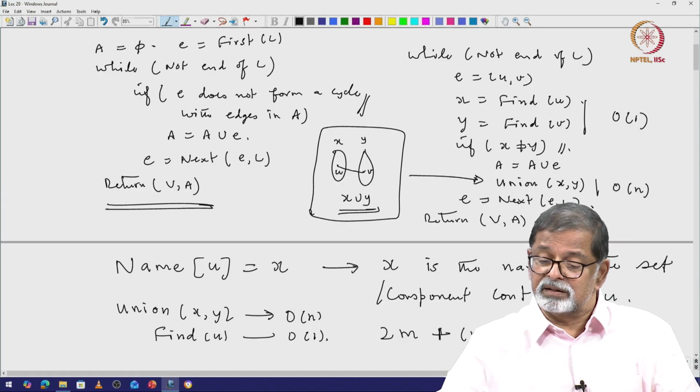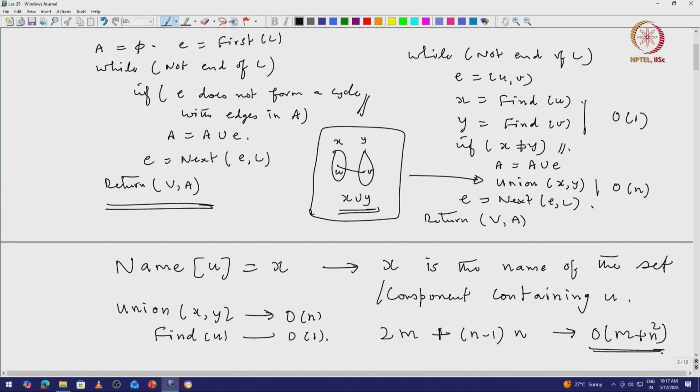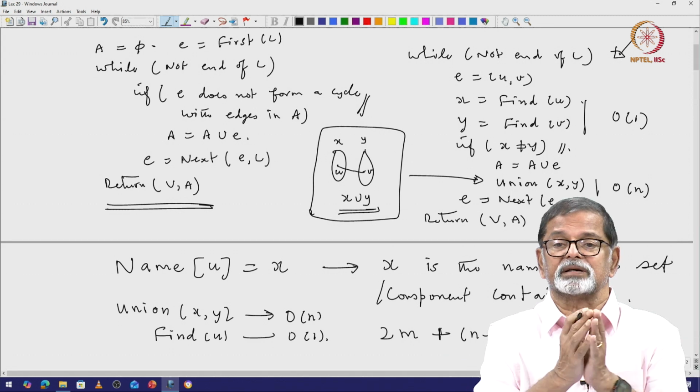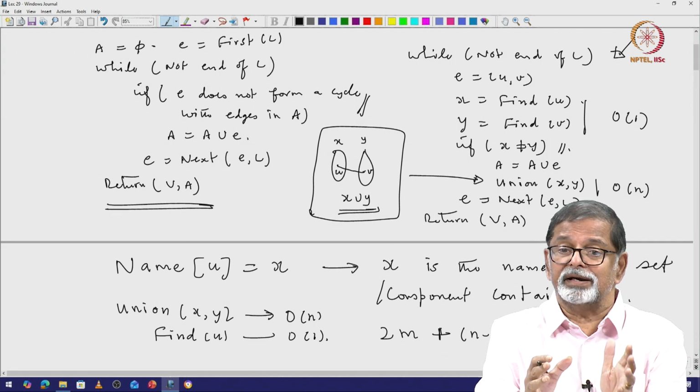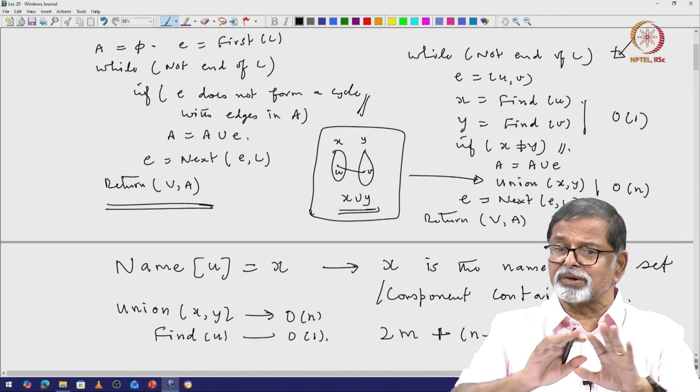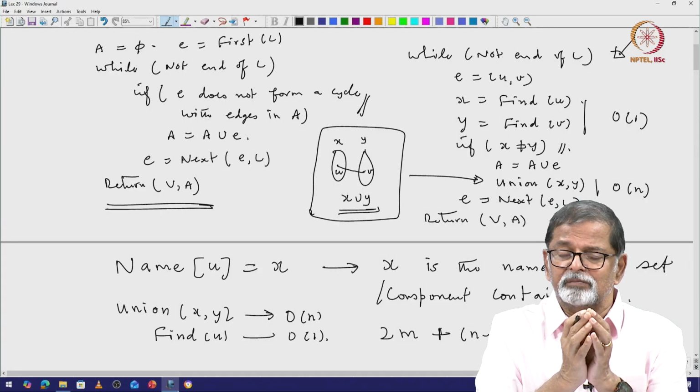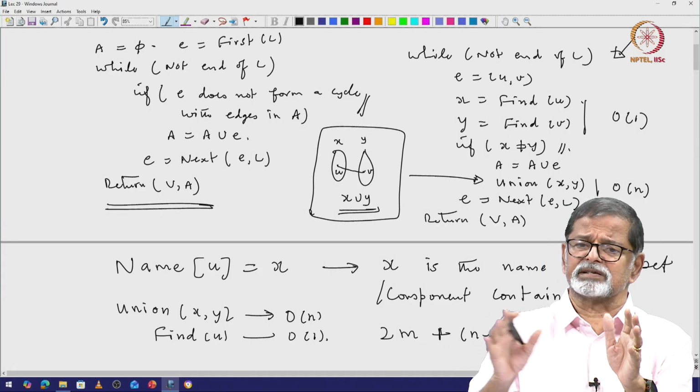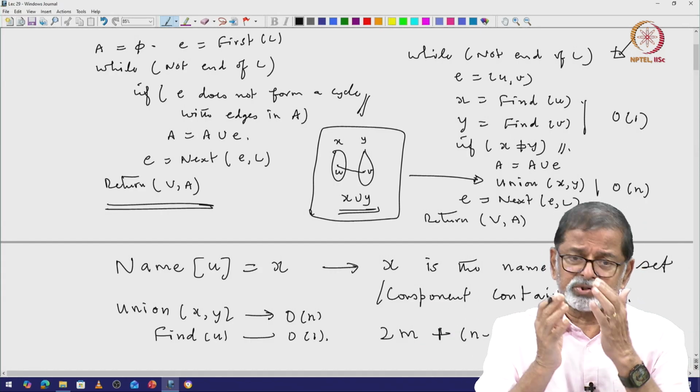As you can see, how you have implemented find and union does not matter in this algorithm. This code will work. So, I am now going to come up with a completely different implementation of the partition ADT, a totally different way of implementing it with completely different characteristics, complexity figures and so on.